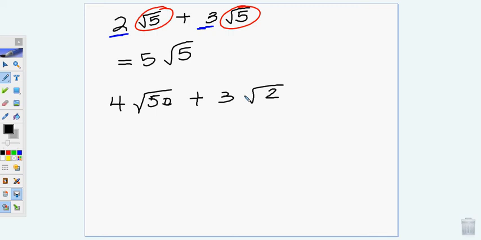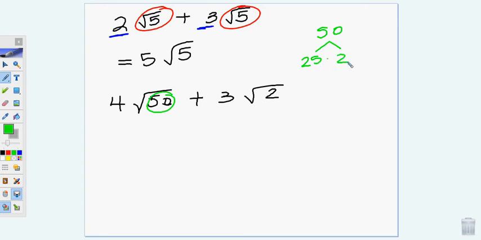We're going to simplify the first radical by looking at this 50. I'm going to write it over here so we can see it. When I'm simplifying, remember, I'm always looking for groups of perfect squares. So 50 comes from 25 times 2, and 25 is a perfect square.